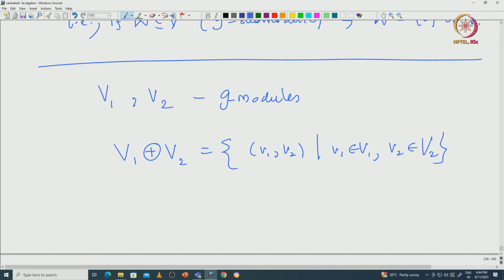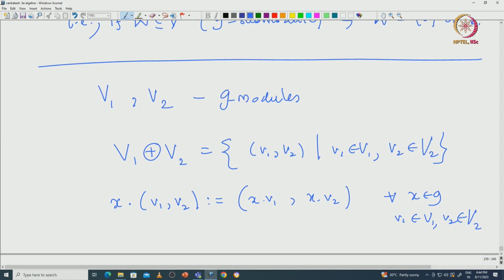Then we define the action of G on V1 direct sum V2 using the action on V1 and V2. You take x and act on the coordinates: x dot (v1, v2) equals (x dot v1, x dot v2). This is true for all x in G, v1 in V1 and v2 in V2.